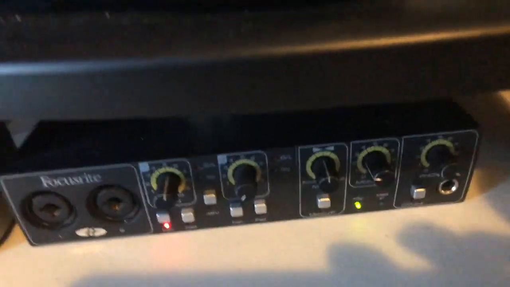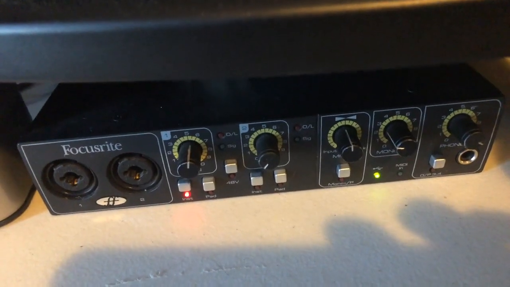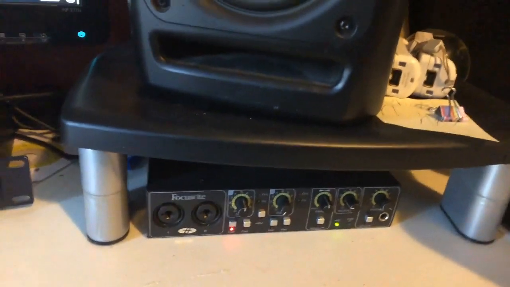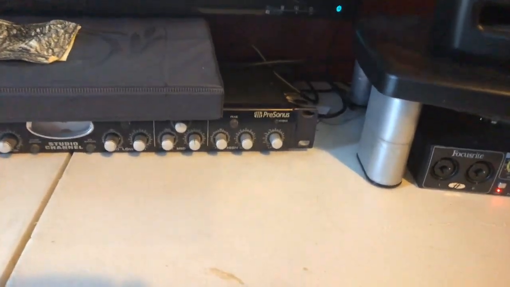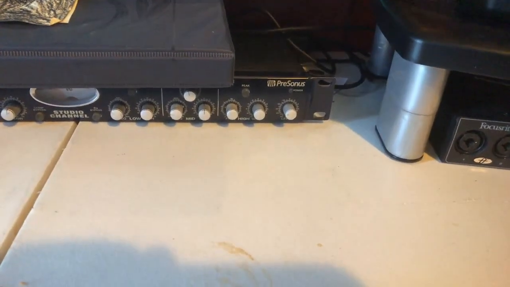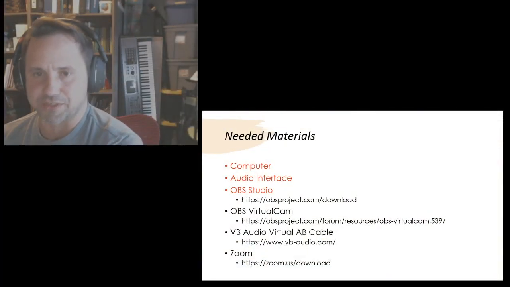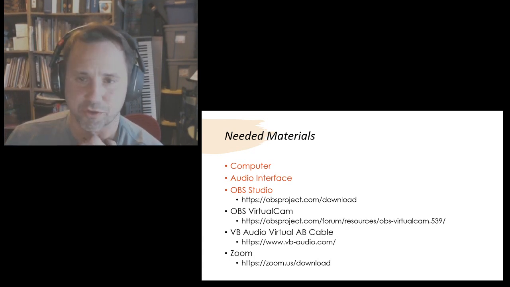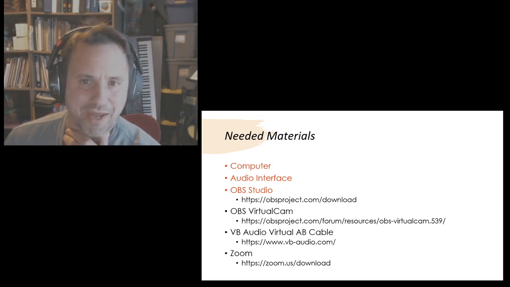And it's got some preamps and other controls in here that allow you to record audio into your computer. There is also a Behringer mixer that I have used in other places that works fairly well for this. And maybe I'll throw a link to that in the description if I remember to after I upload this.